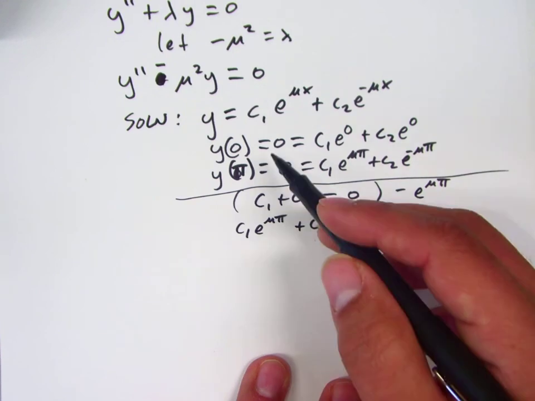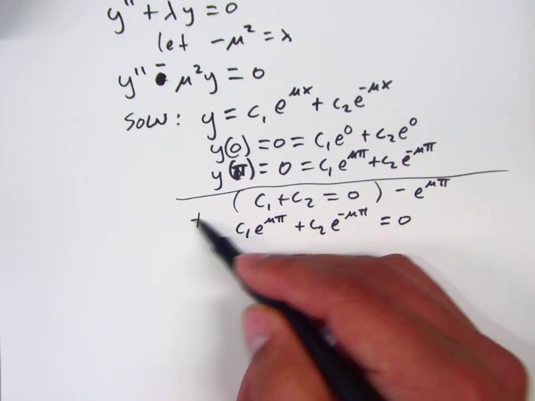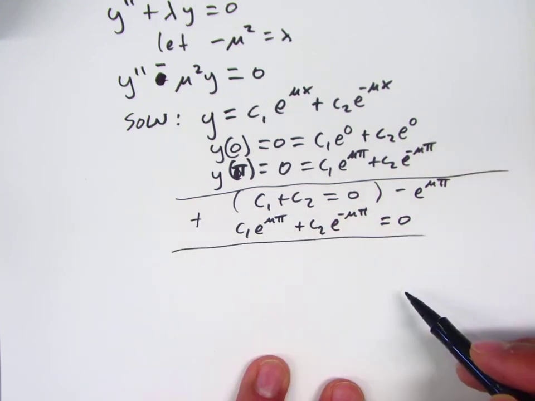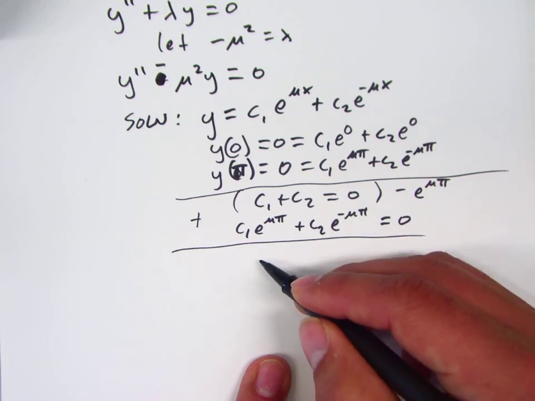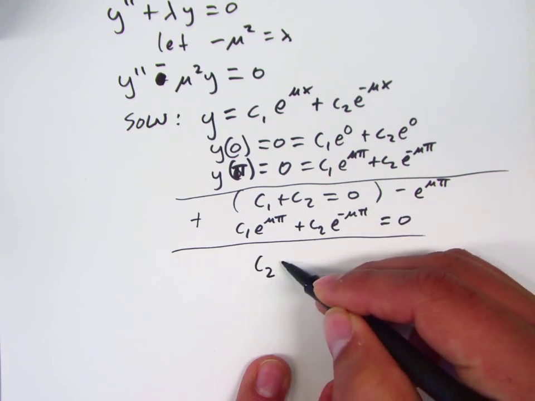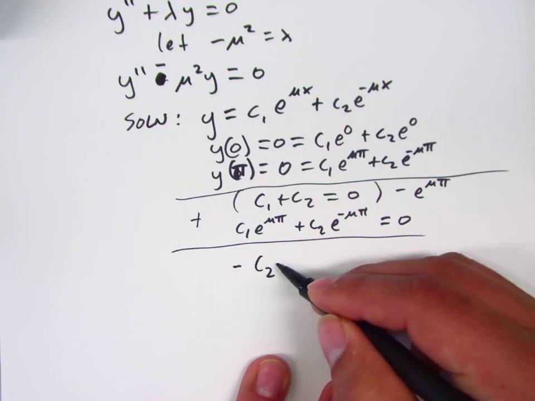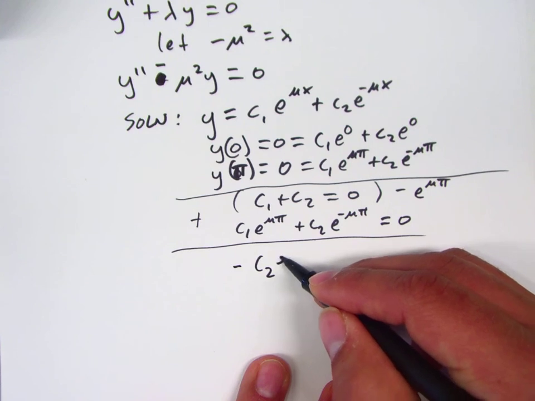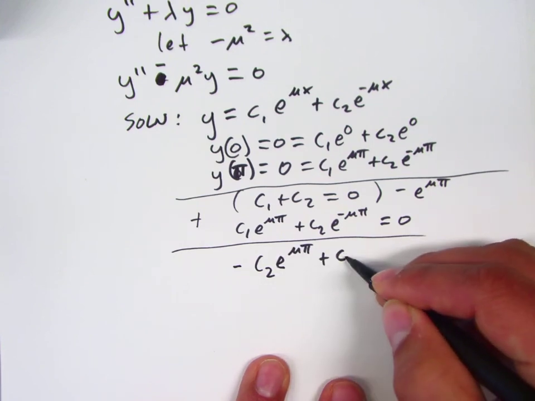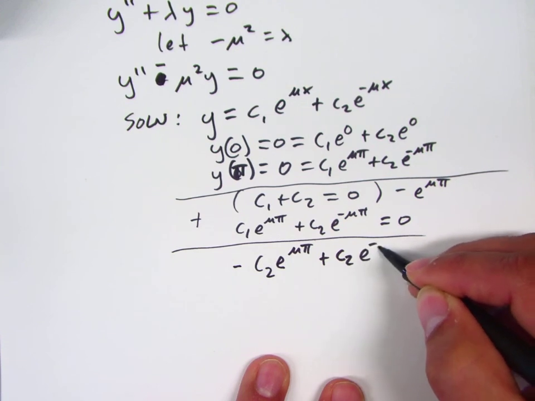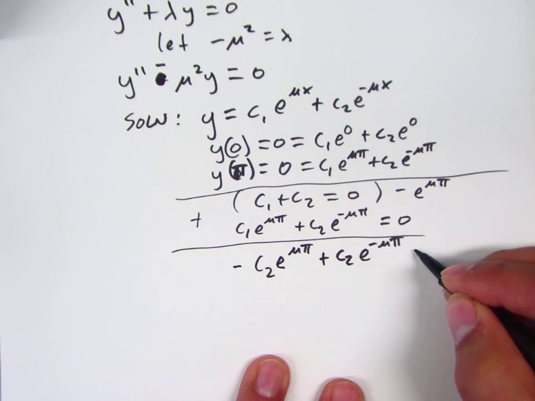The C1s would cancel out when I add, right? And now I'm just left with, well, it's really minus C2 e to the mu pi, and then plus C2 e to the negative mu pi equals 0.